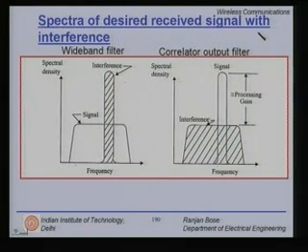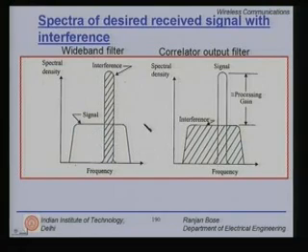Now, let us see what the spectrum of the desired received signal looks like with respect to the interference. Suppose this is my signal, the x axis denotes the frequency, the y axis denotes the spectral density, and suppose I have an interference. Clearly, I am depicting a narrowband interference. It could be a jammer.